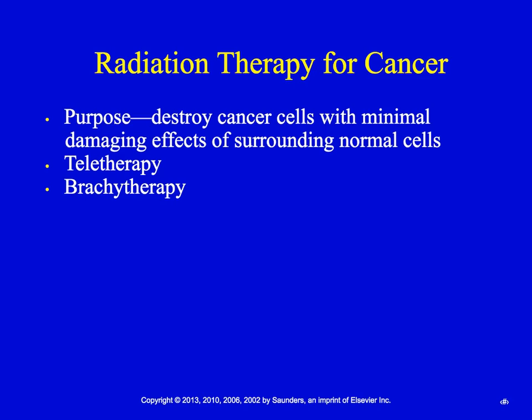They try to use the lowest dose of radiation possible. They try to spread treatment out over time, and they also try to aim the radiation at the precise part of the body that has the tumor. And they can use some medications to protect certain parts of the body.